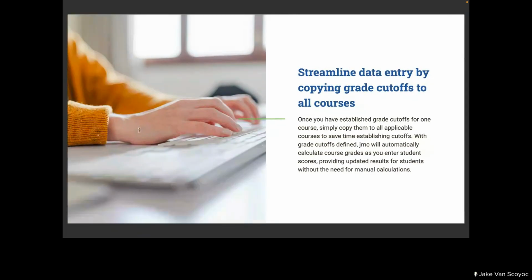Once you've established grade cutoffs for one course, simply copy them to all applicable courses to save time. With grade cutoffs defined, JMC will automatically calculate course grades as you enter student scores, providing updated results for students without the need for manual calculations.